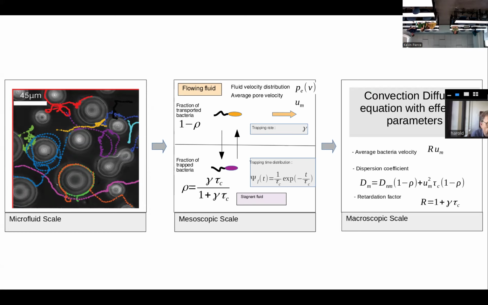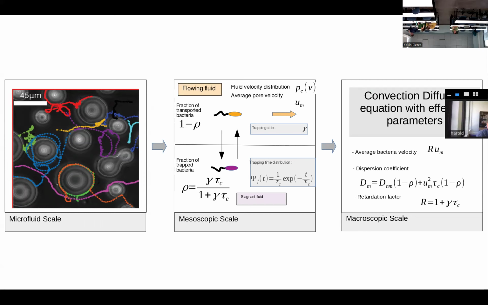And then from those measurements, we are also able to obtain the macroscopic scale transport parameters, which is a retardation factor. And we are also able to predict the diffusion coefficient of the population of bacteria.